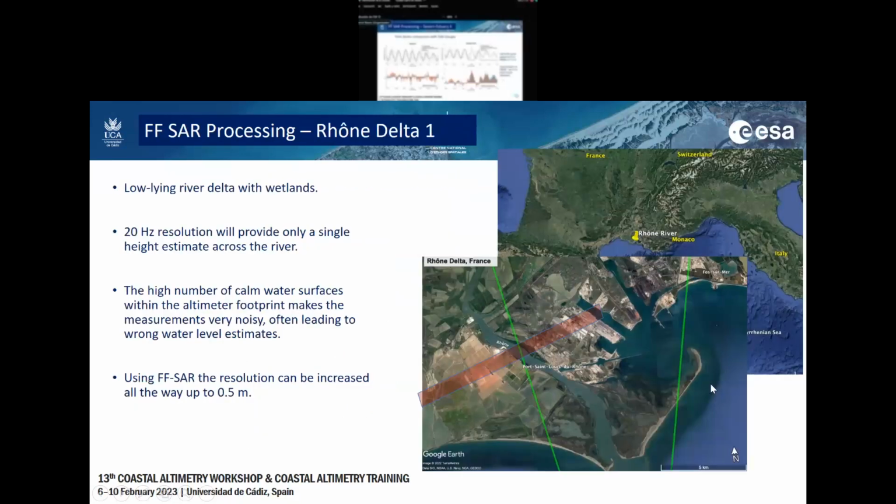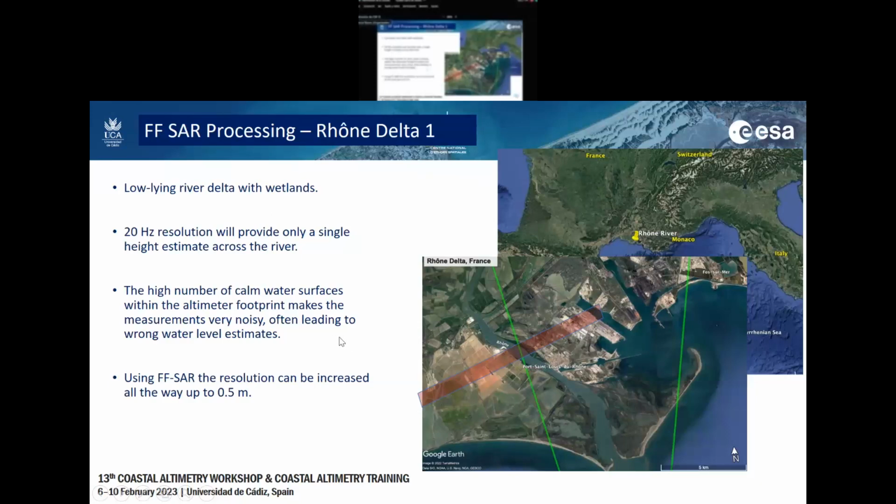So that's as far as we got with the Severn Estuary data. We've just begun looking at the Rhone Delta. As I say, it's a very different environment, a low-lying river delta with wetlands, and you can see this rectangle essentially demonstrates the cross-track width, and you can see how it can potentially pick up reflections not only from the nadir point but from various points across track.